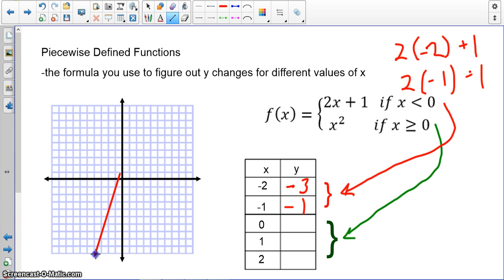All right, I'm not even thinking about the points. I'm thinking about the fact that it's 2x plus 1. It should be a linear equation.